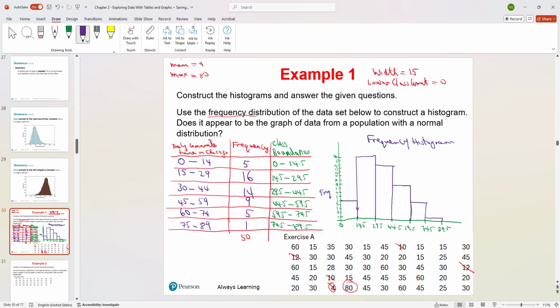Take 0.5 from every lower limit and add 0.5 to the upper limit, so the current lower limit is the same as the upper limit of the previous class. That's how we do it so they can connect. A histogram is a bar graph where each bar is attached to one another. There should be no gap between the bars.